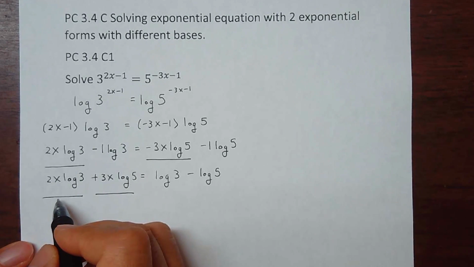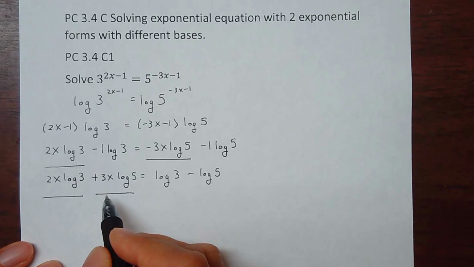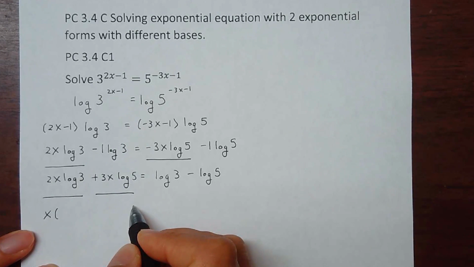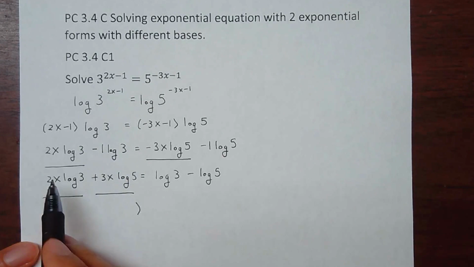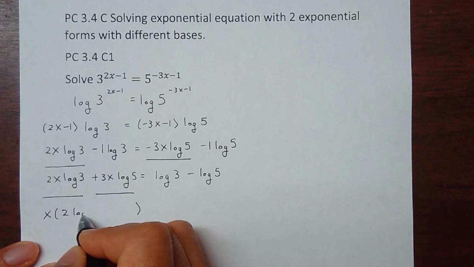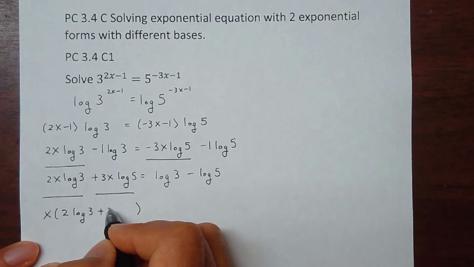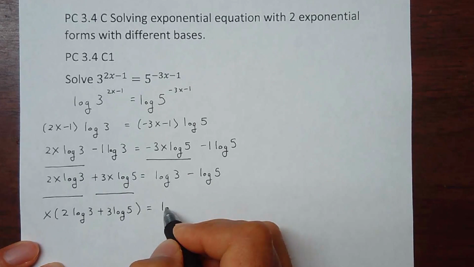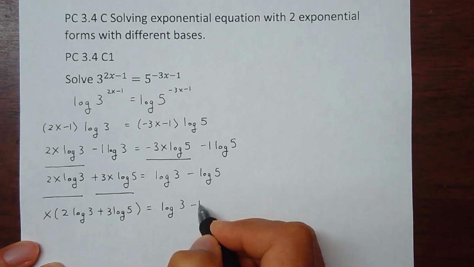Factor out x from all the terms with x. Factor x out means take x out, and the leftover will be 2 log 3 plus 3 log 5, equal to log 3 minus log 5.